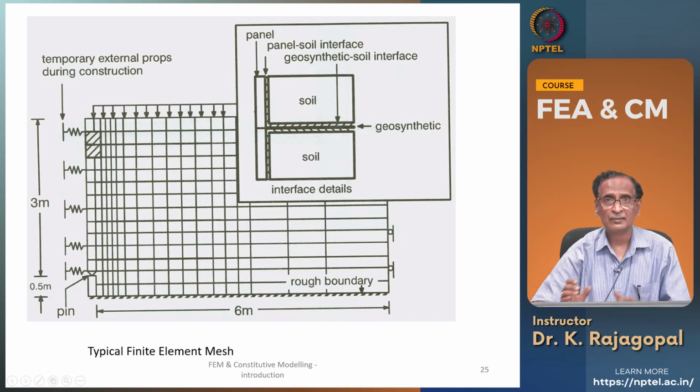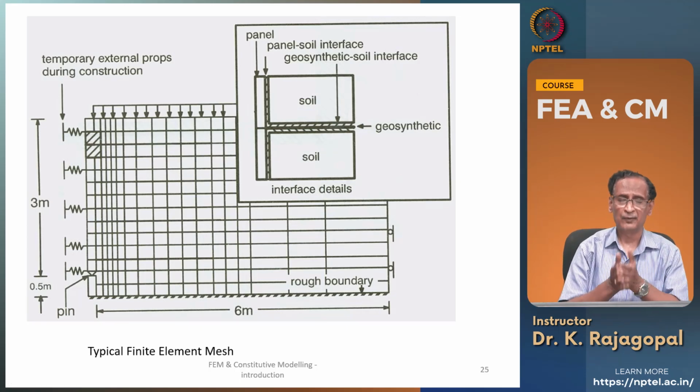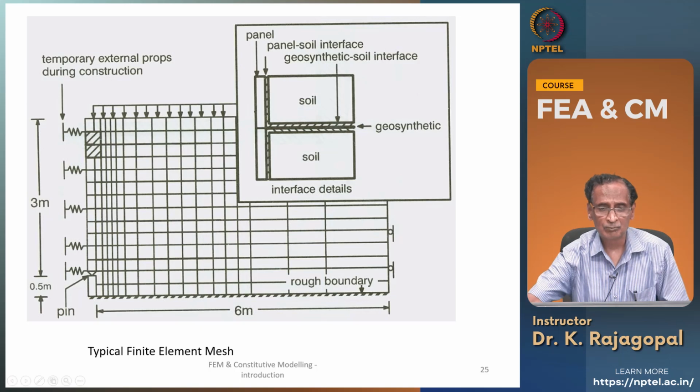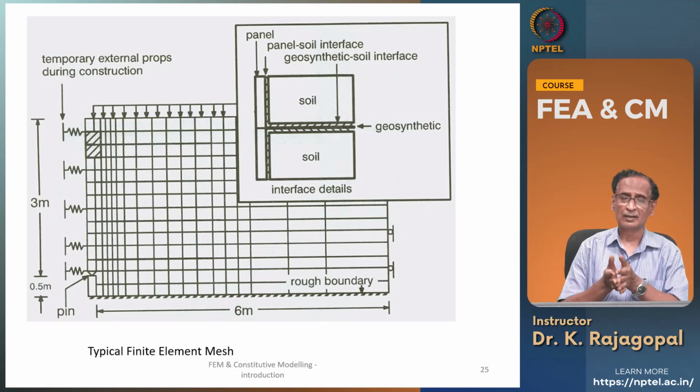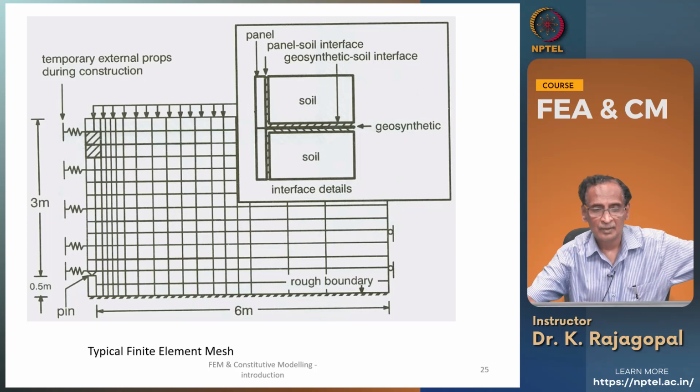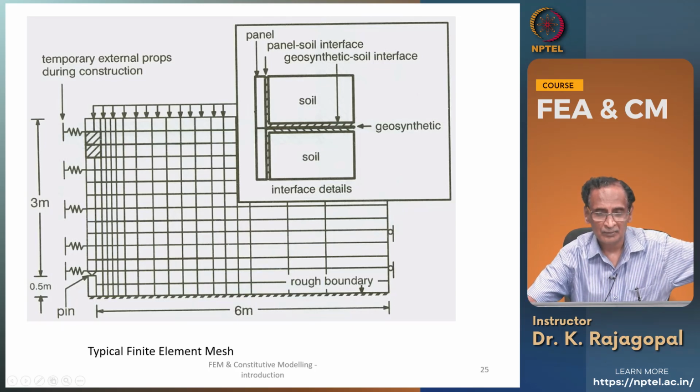The problem that we have here is that the facing panels are made of one material. These are hard materials, and then the soil is there, and then we have the geosynthetic reinforcement, and each one has its own stiffness. The soil is the weakest among all these three materials, and at the junction between these different materials, what do we do?